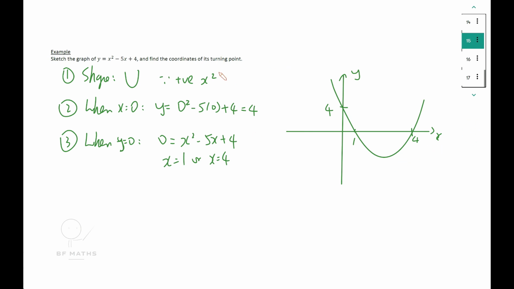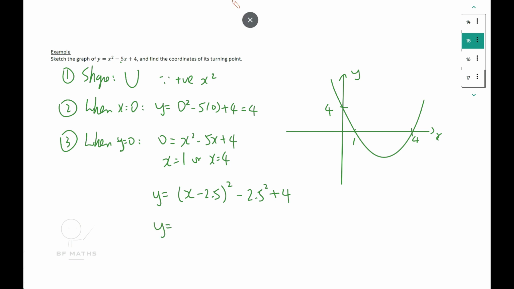Right, next part, we need to find the turning point. Turning point is easy. We just have to complete the square. So y equals, let's complete the square. Half of that 5 means minus 2.5 squared, and then we subtract 2.5 squared plus our 4. Putting negative 2.5 squared plus 4 in a calculator, I got negative 2.25.